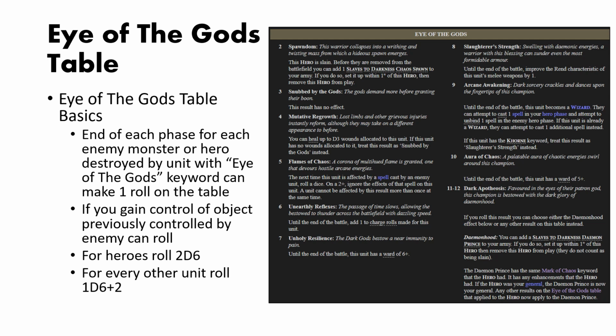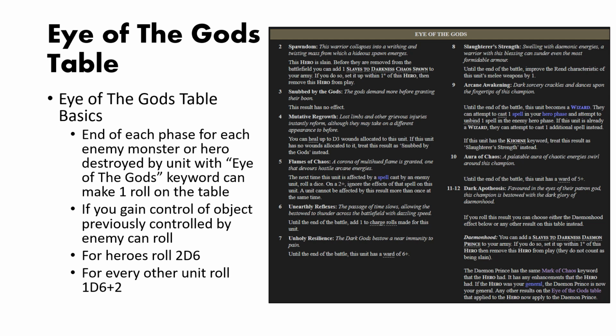That is definitely a really bad one, especially if that hero was kind of imperative to your playstyle. So having that reroll from the Undivided keyword can prevent that. A 3 is just you get nothing. The gods are fickle and they give you no boons.